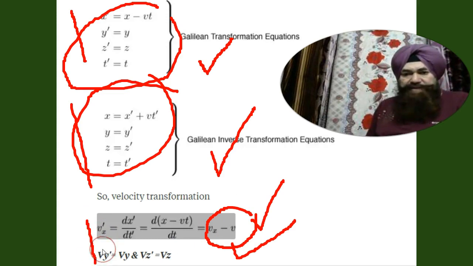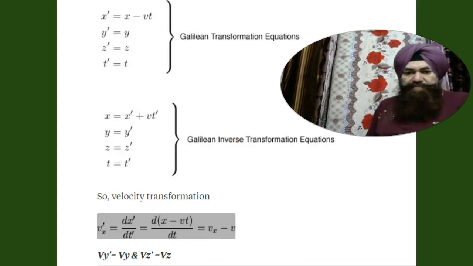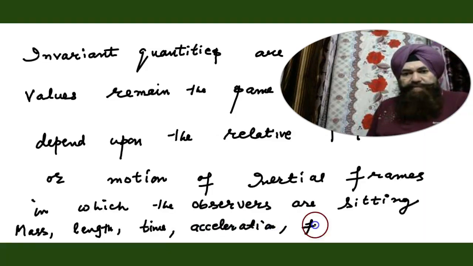Now, if you differentiate the velocity equations with respect to time, then you get the acceleration equations. And because v is constant, the differentiation of v is 0, so the acceleration will be invariant. If acceleration is invariant, force will be invariant. Okay, Newton's law will be the same in the two inertial frames.